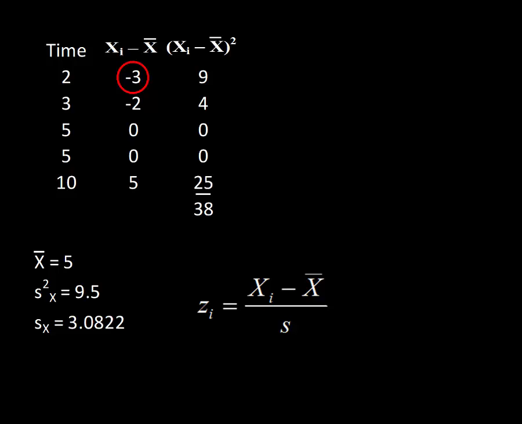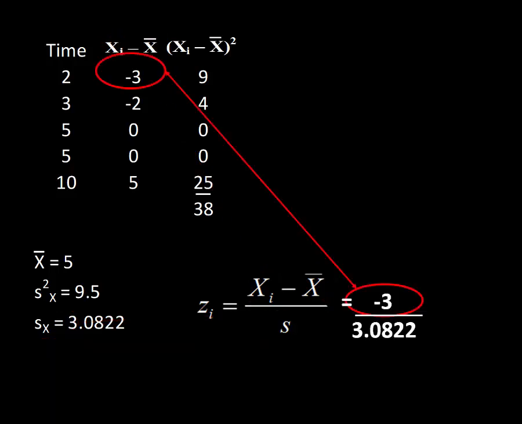So let's do the first one to see how it works. So we're going to do the z-score for this observation right here. So what would go here on top? Well, that number right there. And what will go on the bottom? The standard deviation right there. So there we have it filled in.